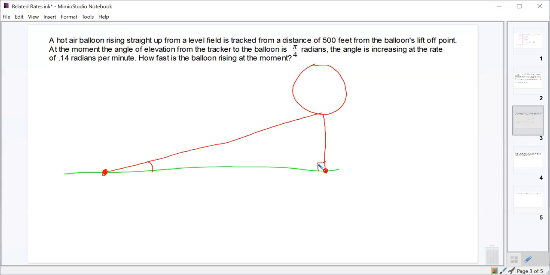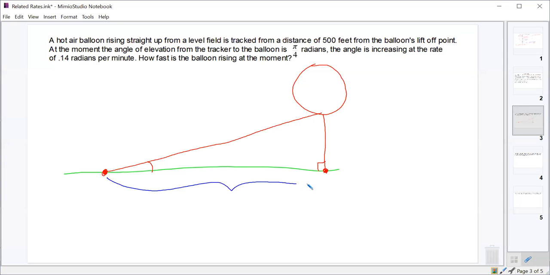Yes. Okay, so let's try to label some things. First off, what can we only label in a related rate problem at the beginning? We can only label a constant. So do we have any constants in here? 500 feet is a horizontal value.